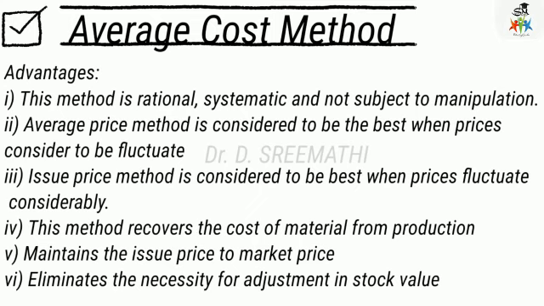The method recovers the cost of material from production, maintains the issue price as near to the market price as possible, and eliminates the necessity for adjustments in stock valuation.